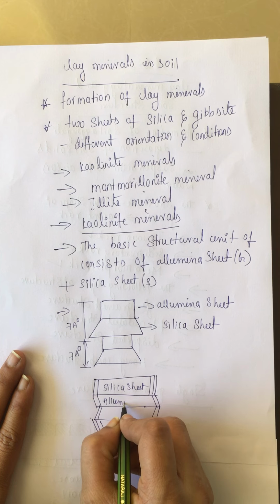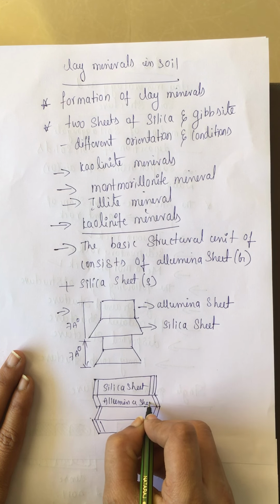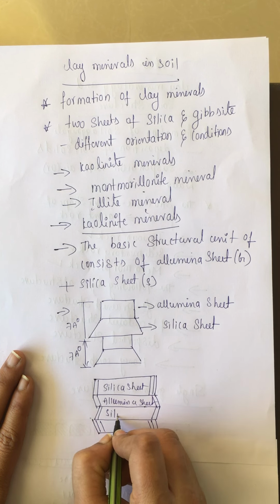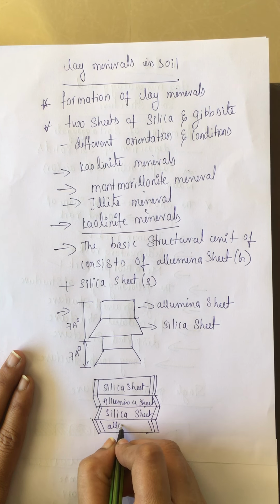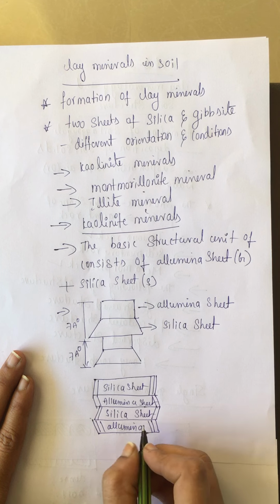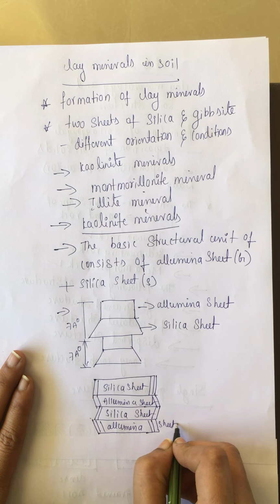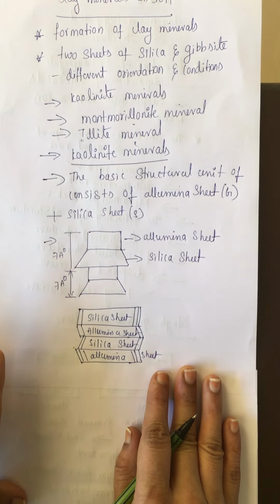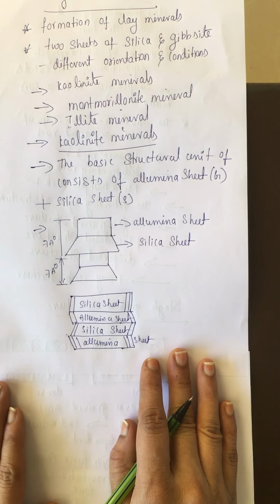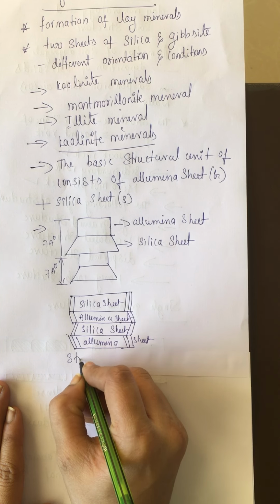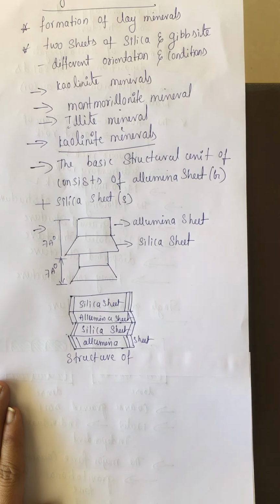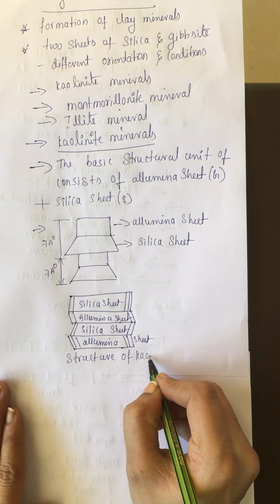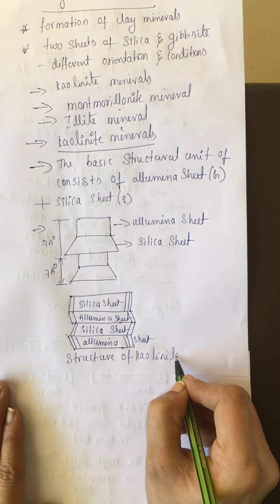One silica sheet, one alumina sheet in the kaolinite mineral. Silica, alumina sheet. So this is the structure of kaolinite mineral.